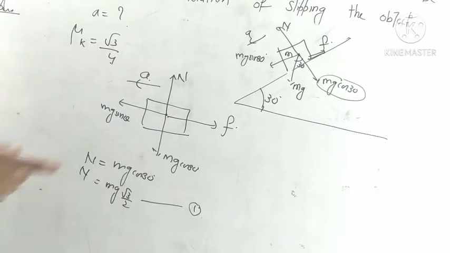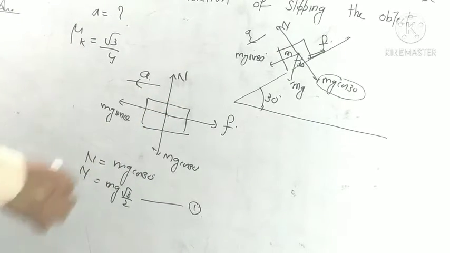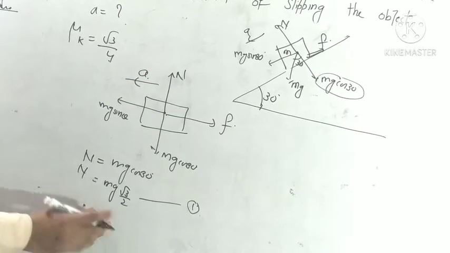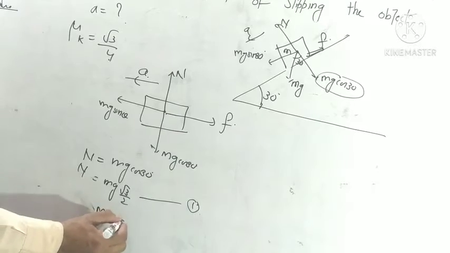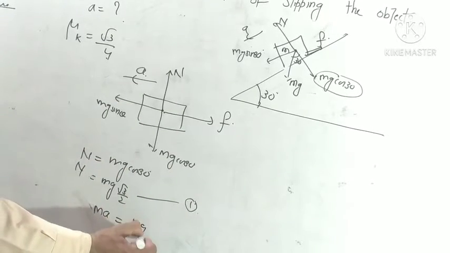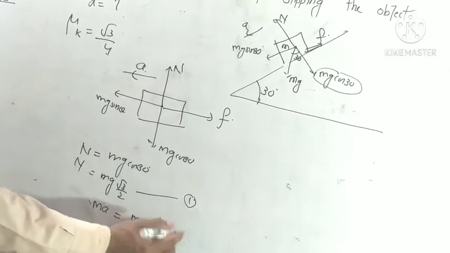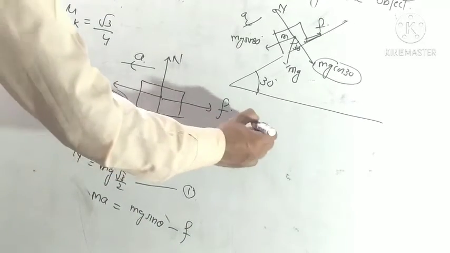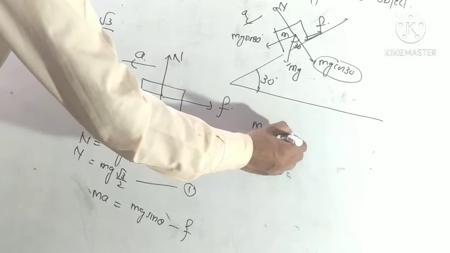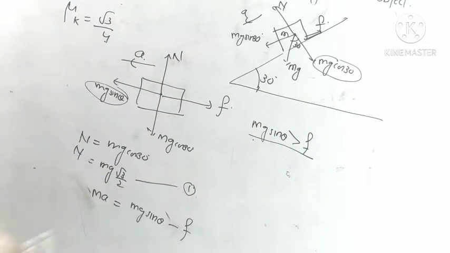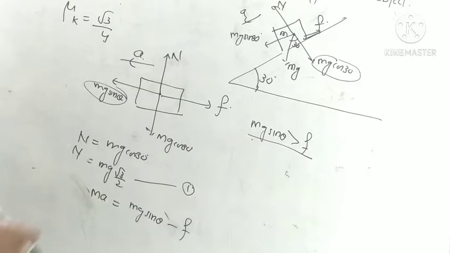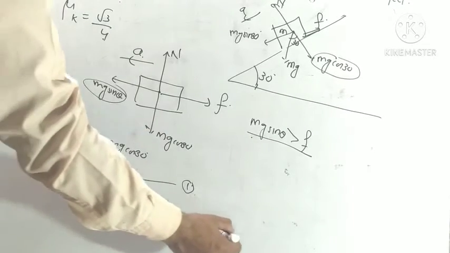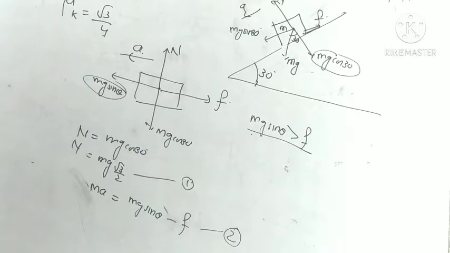And this body will move to the left-hand side with acceleration a. So the net force working on this body, small ma, is equal to mg sin theta minus f. Here this force mg sin theta should be greater than the frictional force. We give it equation number 2.